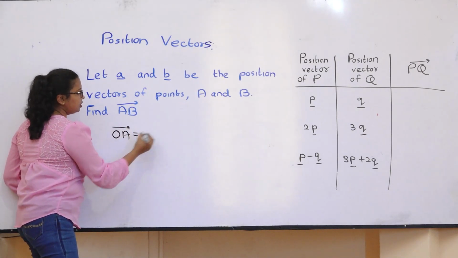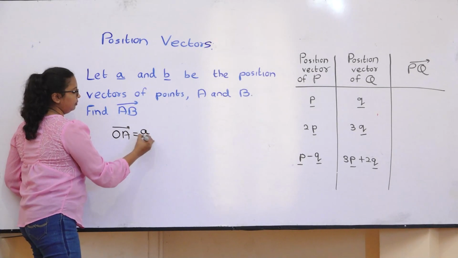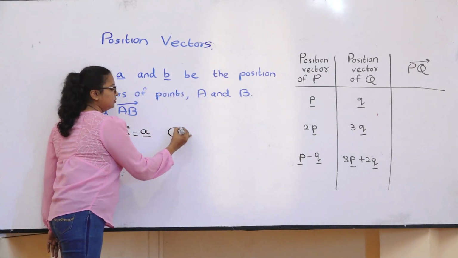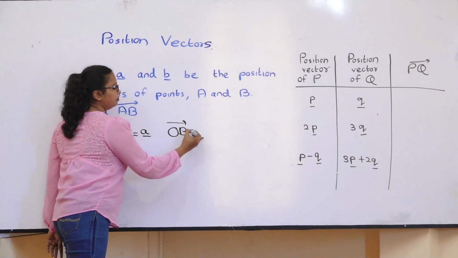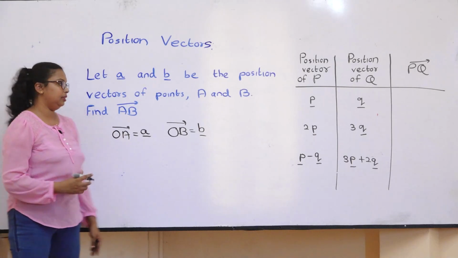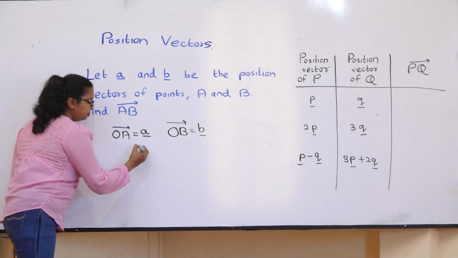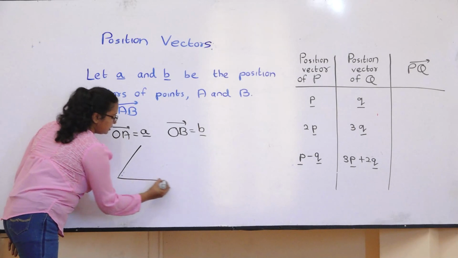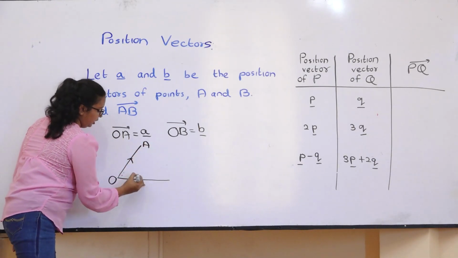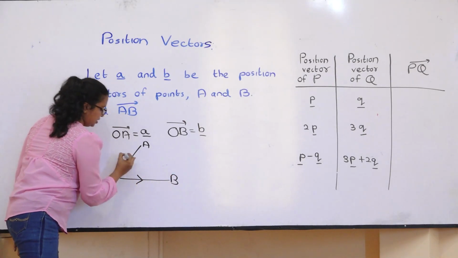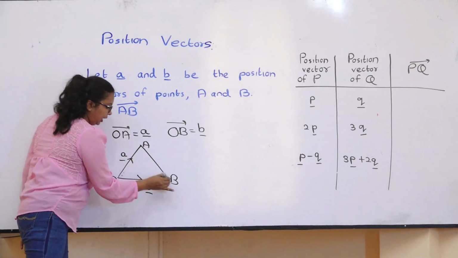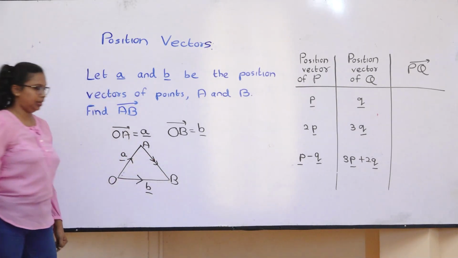OA equals vector A. Position vector of B, how to write? OB. OB is equal to B. What you have to do is find AB. Let's draw this one first. OA, OB. This is vector A and this is vector B. What you have to find is this vector AB.